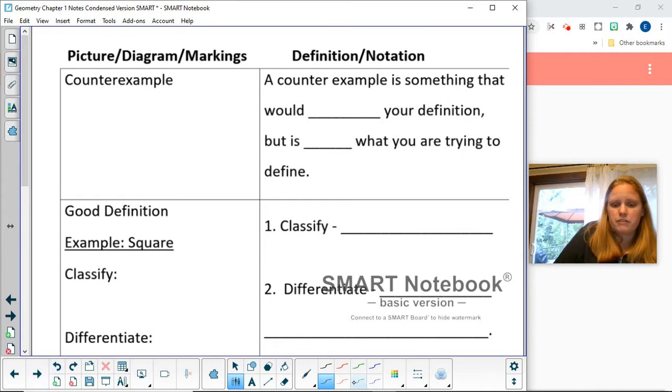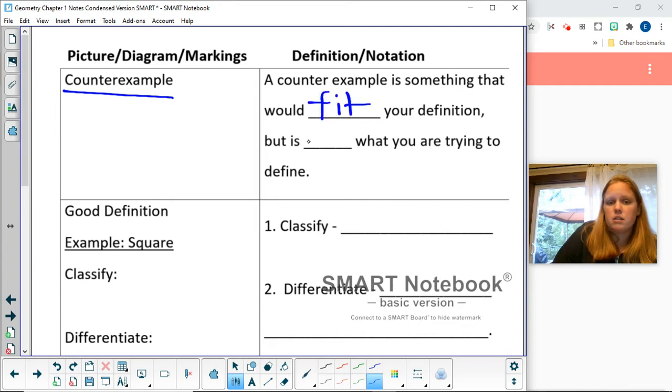All right, we've got more definitions coming your way here. Our first definition or term that we're going to define is counterexample. So a counterexample is something that would fit a definition, but it is not what you're trying to define. So let's say I said a square has 4 sides.